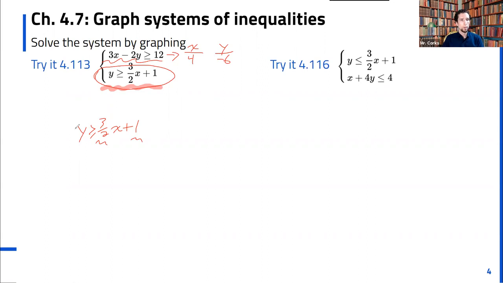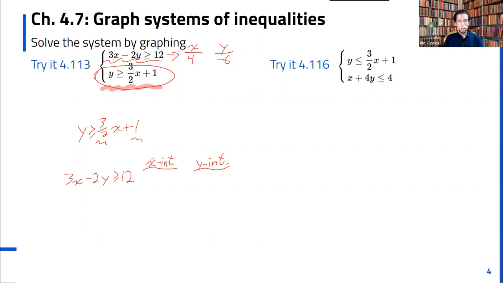That's ready to graph. If we have standard form like this, 3x minus 2y greater than or equal to 12, then we could get this ready to graph by changing it into slope intercept form, or we could just find what the two intercepts are here: the x-intercept and the y-intercept for this one.